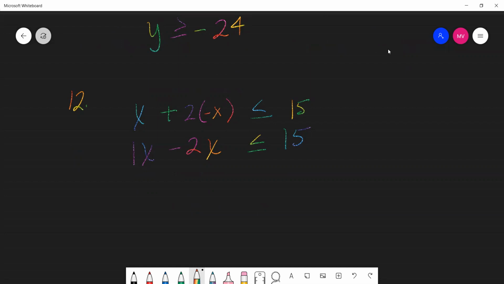Right? Don't forget that. So 1 minus 2 is negative 1x. So let's make sure, I'm just going to tell you right now, make sure you have nice, neat notes of this process. So you remember that when there is no coefficient showing, it's an understood 1. So you would also see negative 1x as just negative x. So there's only 1x.